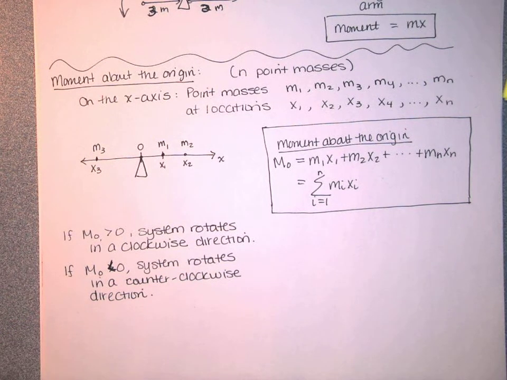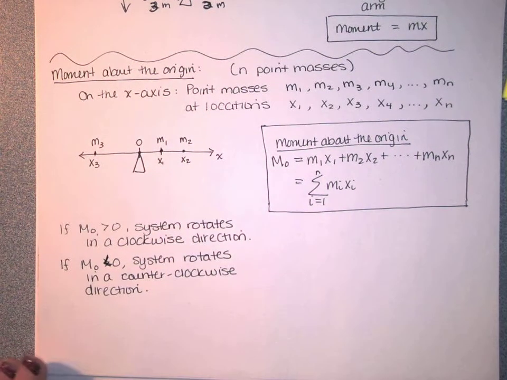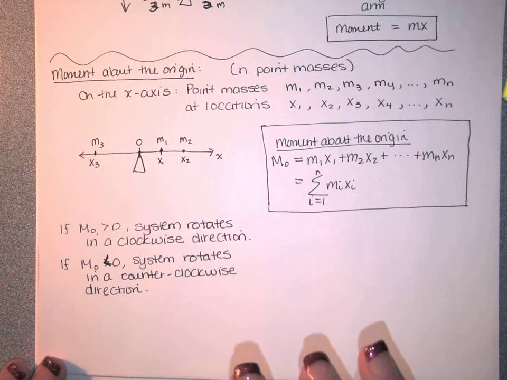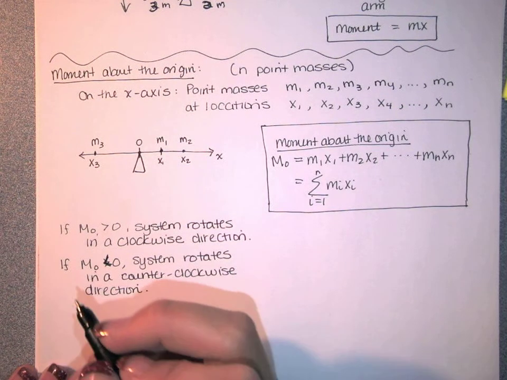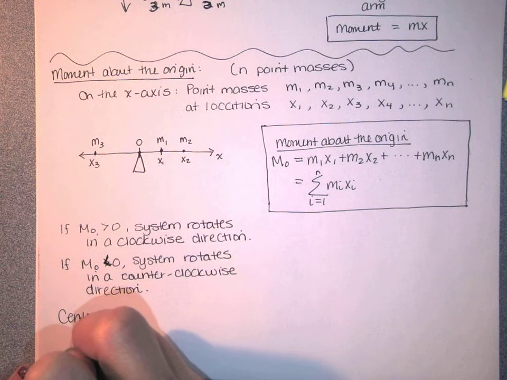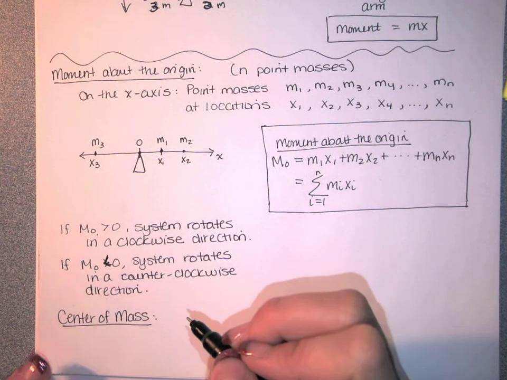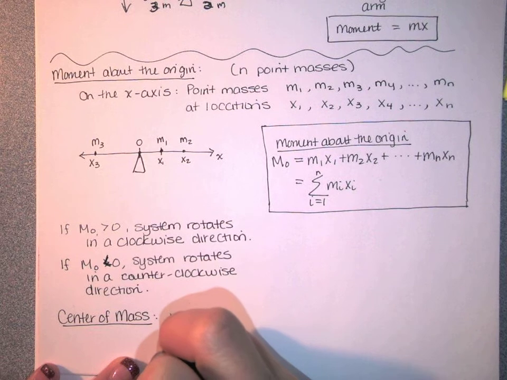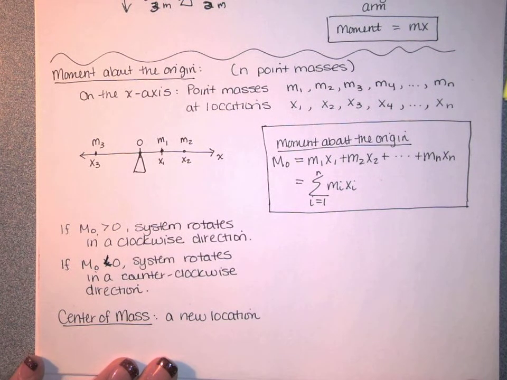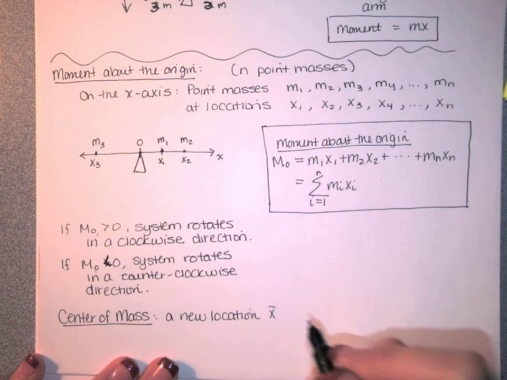Now, if I don't want the system to rotate at all, but I have all of these masses at all of these locations, I can move my fulcrum. The place where I would move my fulcrum to so that everything balances is called the center of mass. And that, for our one-dimensional system, which is just on a single axis, is going to be given by x bar.